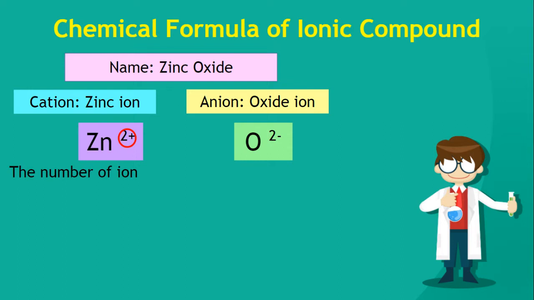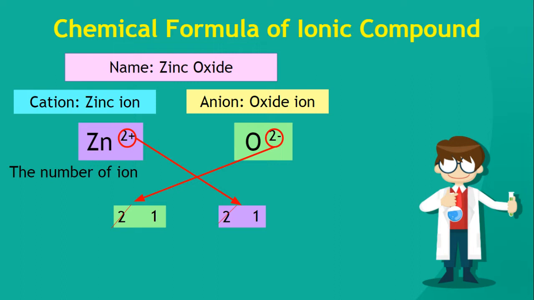Zinc ion is 2+, so you put 2 under the oxide ion. The oxide ion charge is also 2 negative, so you put the number 2 under the zinc ion. As you can see, the ratio is 2:2. We can simplify the ratio to 1:1.